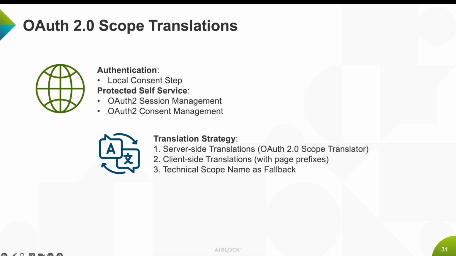With client-side translations, you can prefix pages and use those page prefixes, for example, in different local consent steps, so the same scope gets translated differently if your use case requires that. If you haven't done either one of those, then we'll fall back to the technical scope name, so there's always something that is going to be displayed, it's never empty.